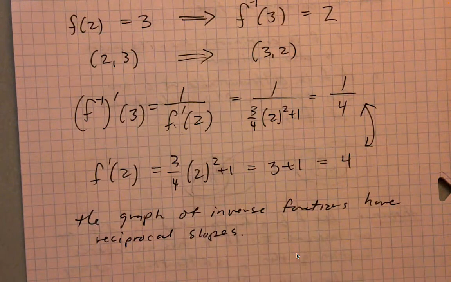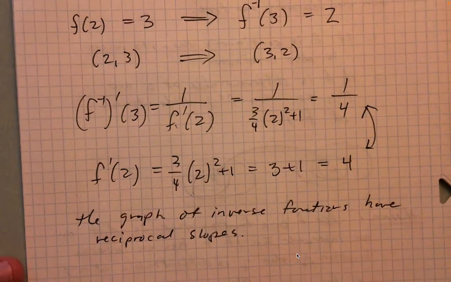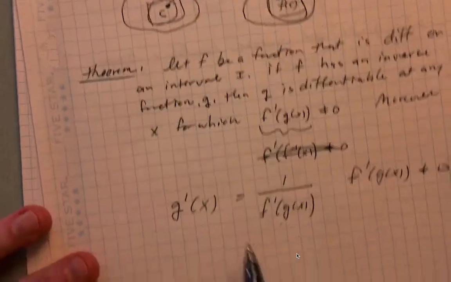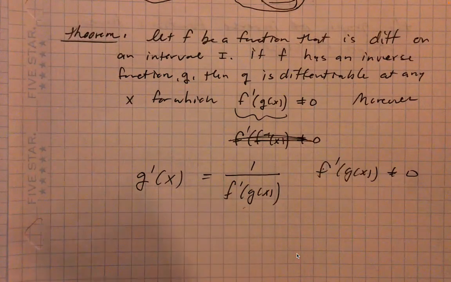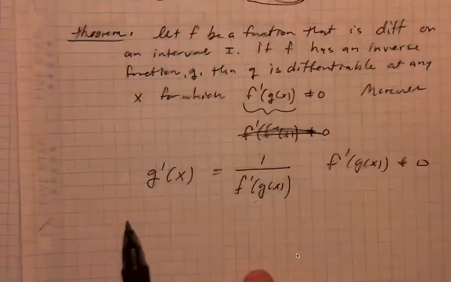Maybe some of us knew that already, right? But this is basically a way to quickly evaluate specific values of derivatives of inverse functions. That's kind of the format it follows.